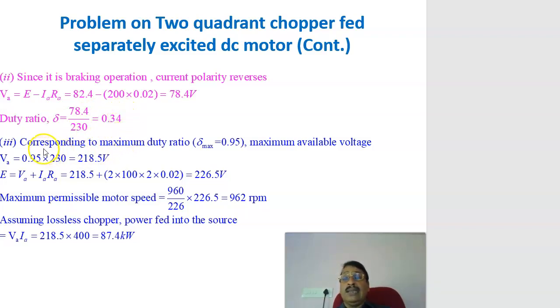The third part is that the maximum duty ratio is given as 0.95 in the problem. Therefore, the maximum available voltage is given by 0.95 into 230, equal to 218.5 volt.